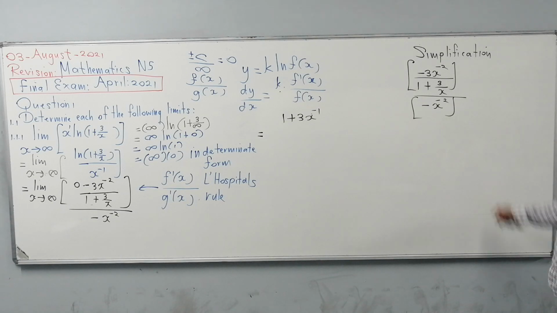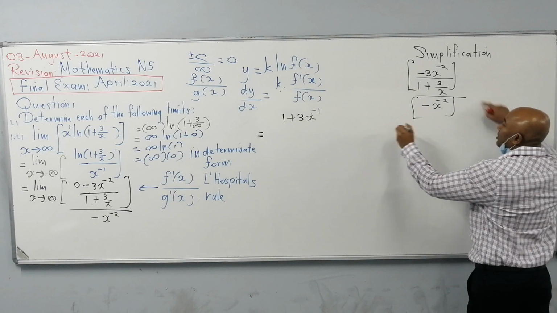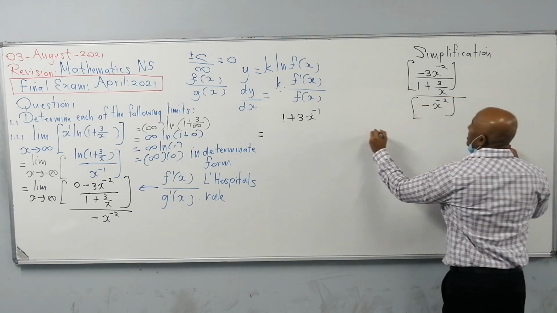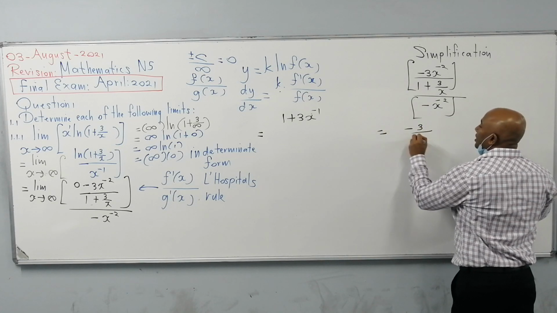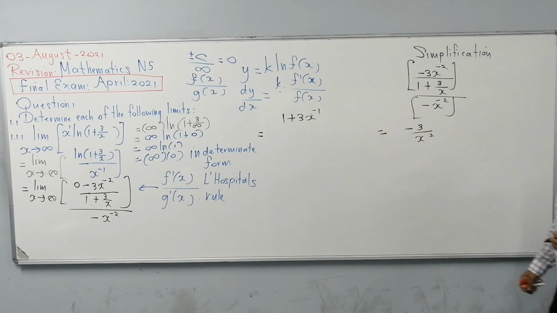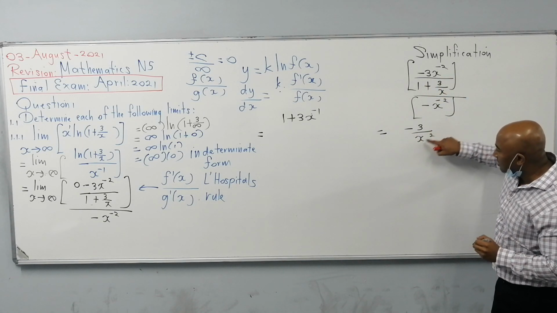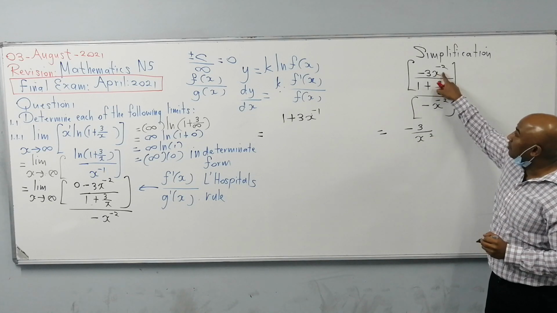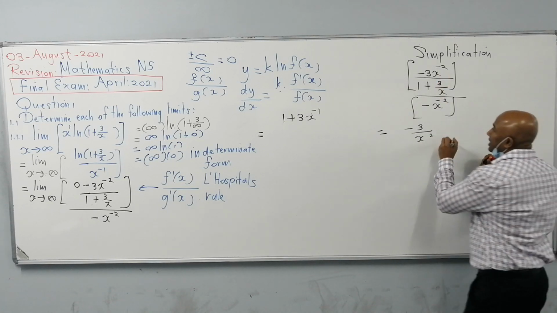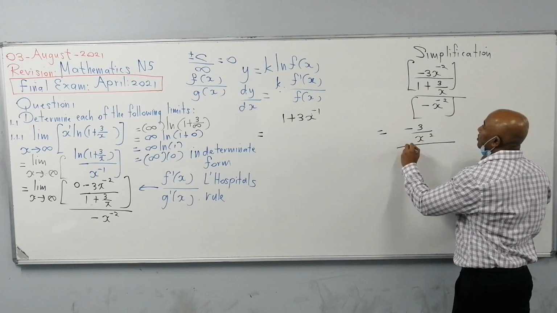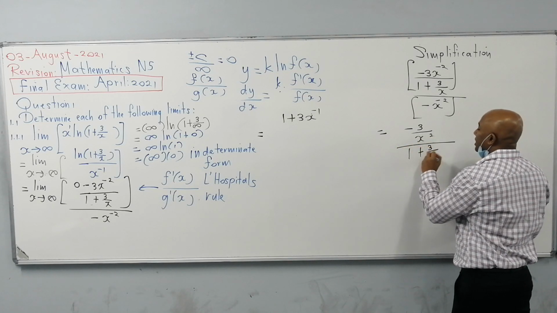Right, so now, here, my numerator is minus 3 over x squared. You can see that? So minus 3x to the power minus 2 is the same as minus 3 all divided by x squared. I'm making my exponent positive here, and this is 1 plus 3 over x.